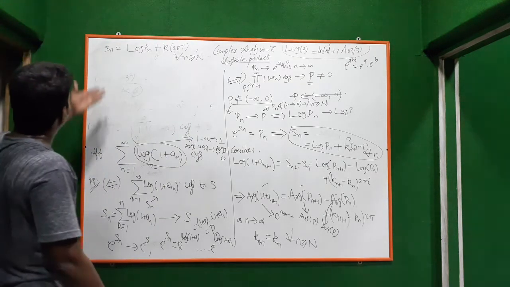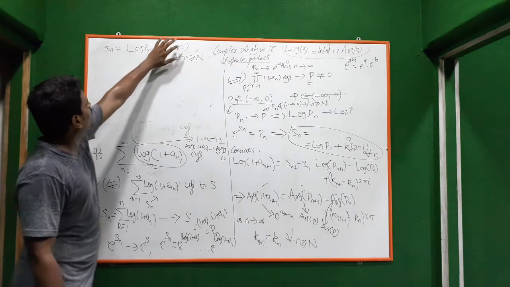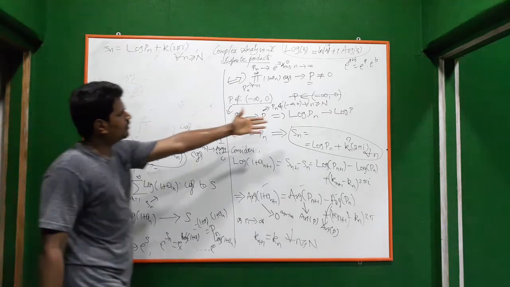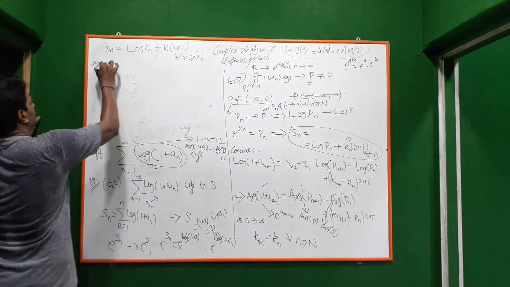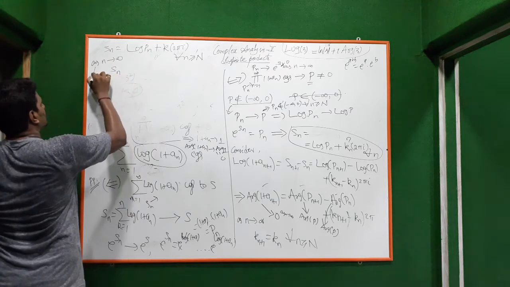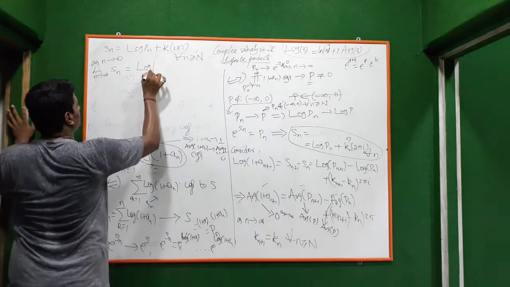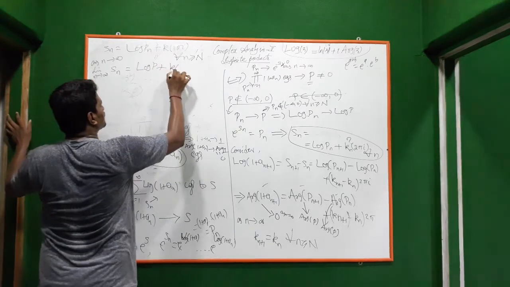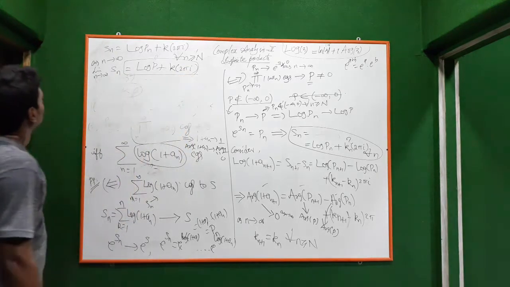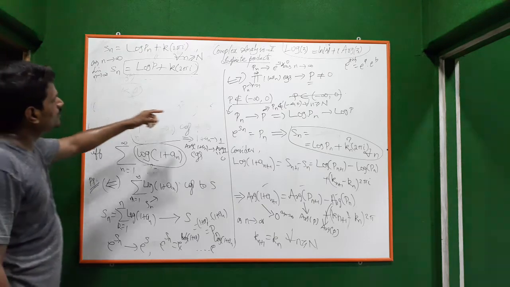And as n goes to infinity, k will be a constant after that stage, and log P_n converges to log P. So the limit as n goes to infinity of S_n is log P plus k times 2 pi i. That's all. So this is the limit of that series.